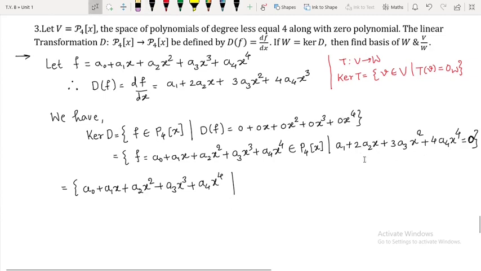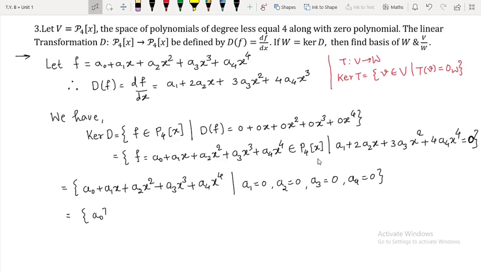So a1 will be 0, twice a2 will be 0, meaning a2 is 0, thrice a3 is 0 means a3 is 0, and similarly a4 is also 0. So if you use these values, this will be equal to only a0. Now this a0 is a real number, so it can be written as some a0 multiplied by 1, that's it.